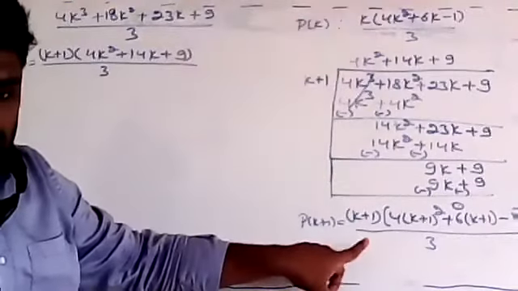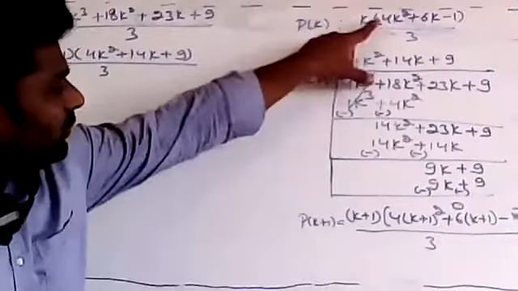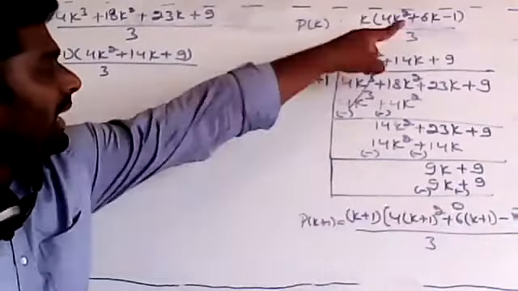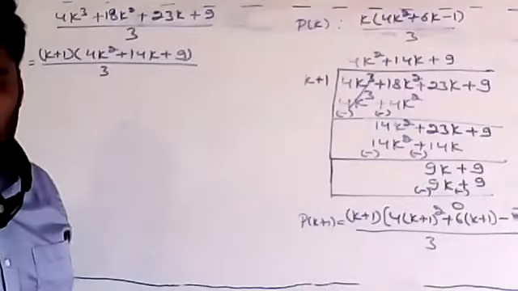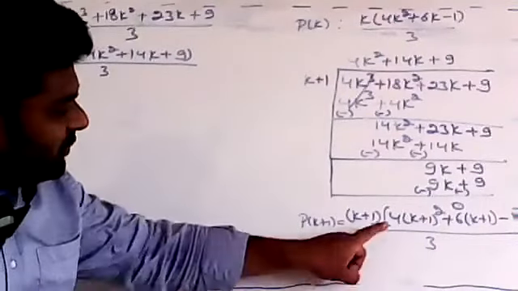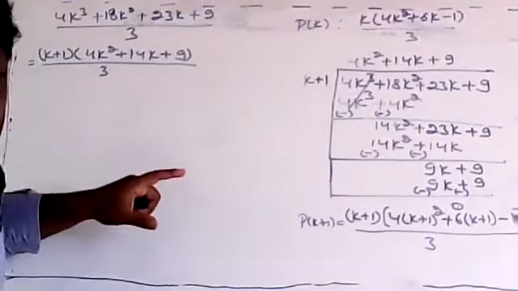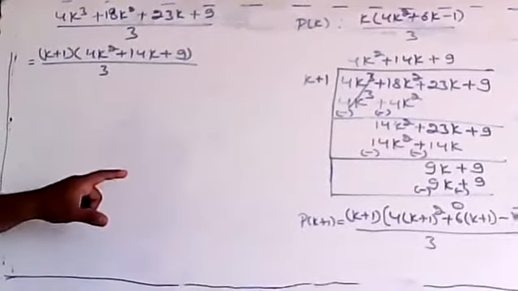Correct? Yes. (k plus 1) into [4 times (k plus 1) the whole square plus 6 times (k plus 1) minus 1] by 3. If you simplify this one, we'll get the same answer.